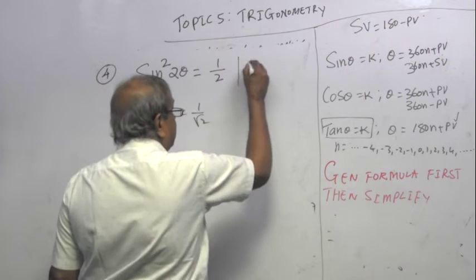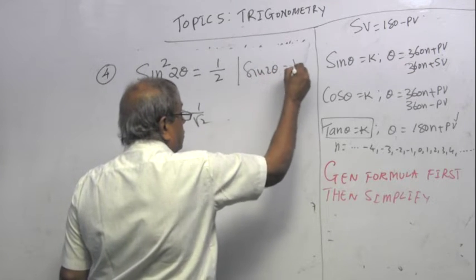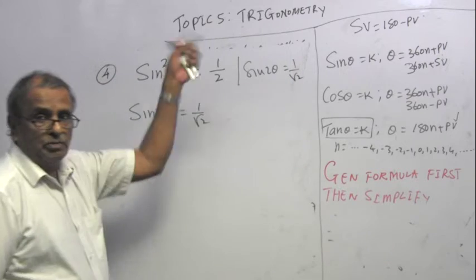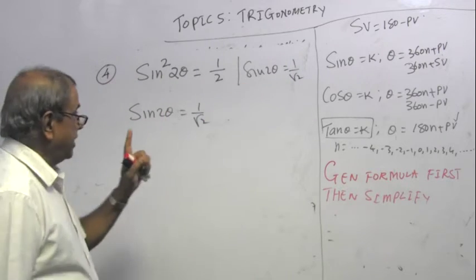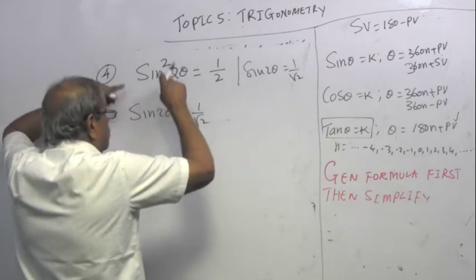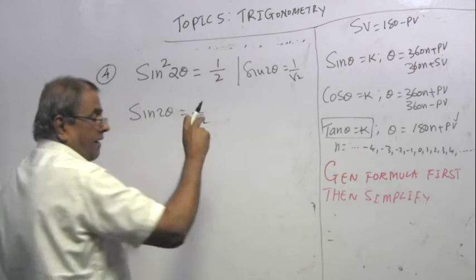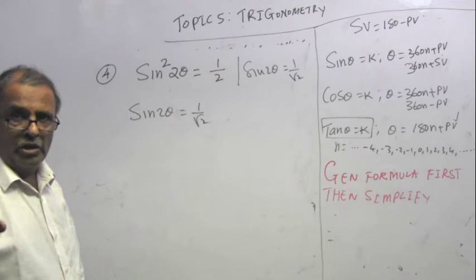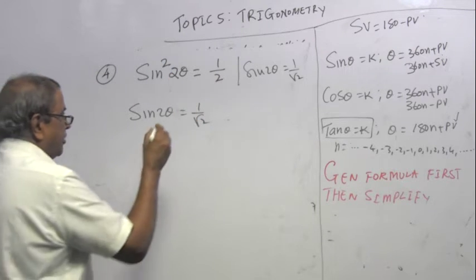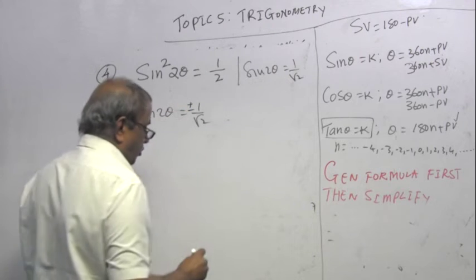If the question said sin 2θ equal to 1 over root 2, then that root 2 is positive. But if you are taking the square root, whenever you take the square root, use plus minus. So it is plus minus 1 over root 2.